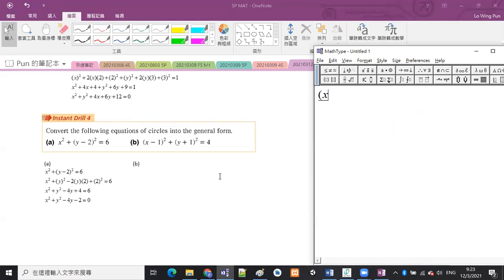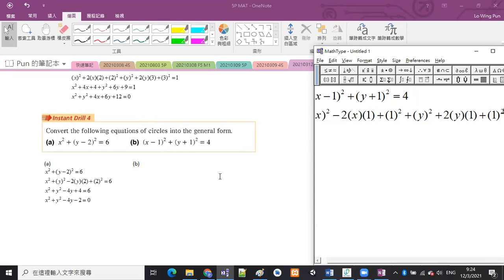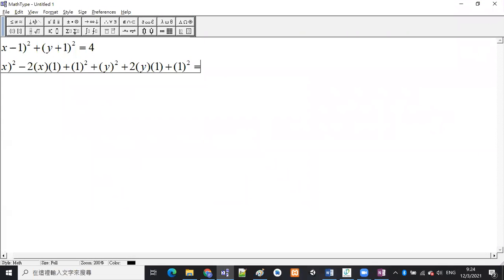And then in part B, we need to expand two brackets, right? So x squared minus 2x1 plus 1 squared, and then plus y squared plus 2y1 plus 1 squared is equal to 4.